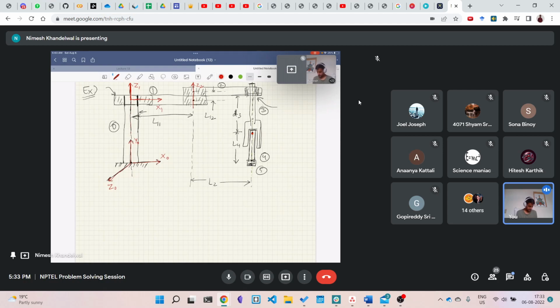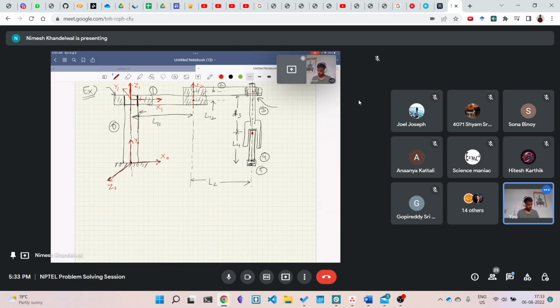You can see that in this case, this x1 is right along the length of the link, but that might not always be the case. Now if we have z and x, we can always get y by taking a cross product.